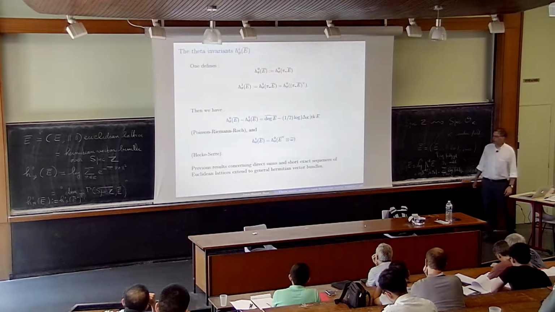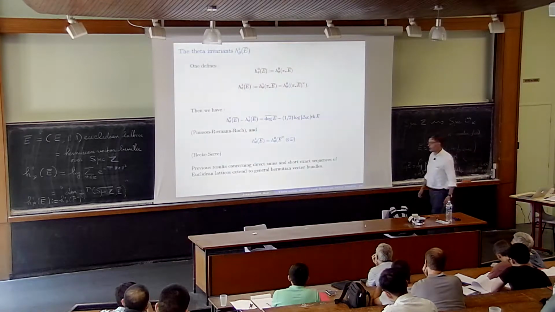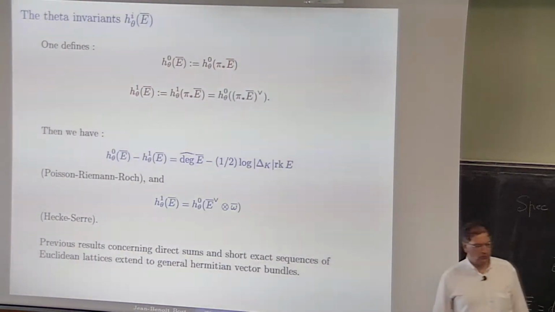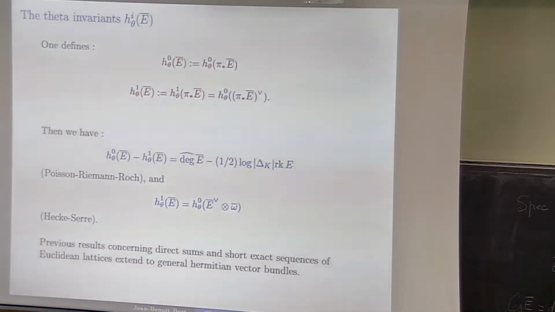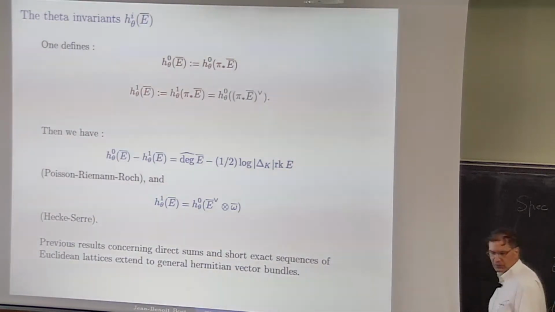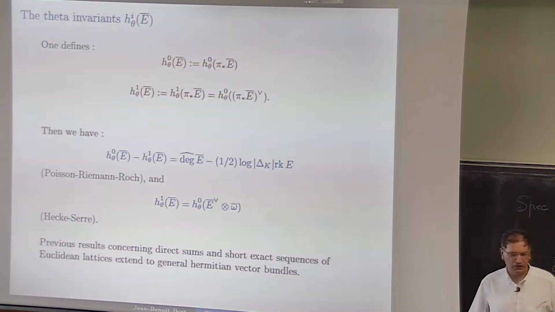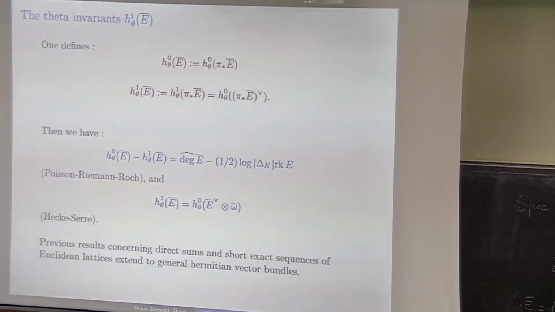And now it's quite formal to extend many results I explained yesterday to this more general framework by using this basic property of direct images. For instance, the H0, H1 of a direct sum are the sums of the H0, H1s. And you get some subadditivity for short exact sequences in this more general case, and so on.